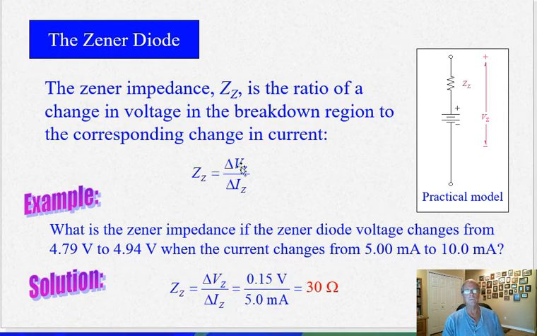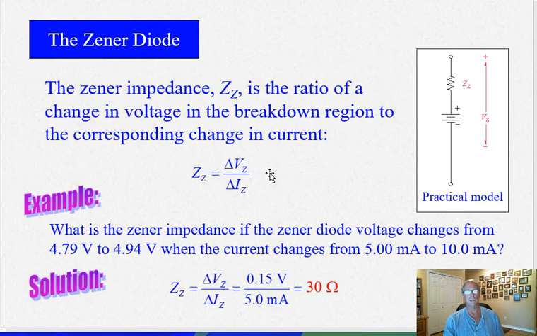But it is indeed delta V over delta I. Okay, so the change in voltage versus the change in current. As you increase the current through the diode, the Zener voltage will change.